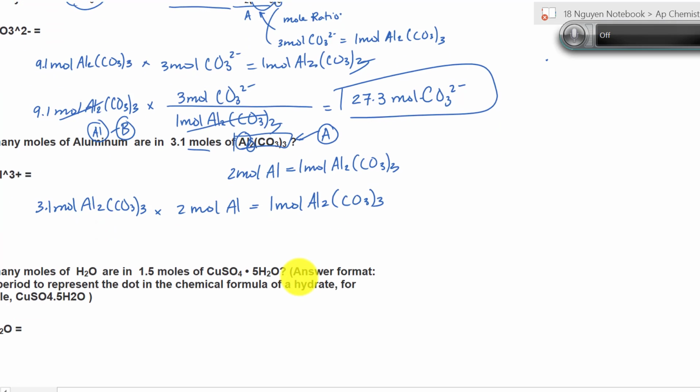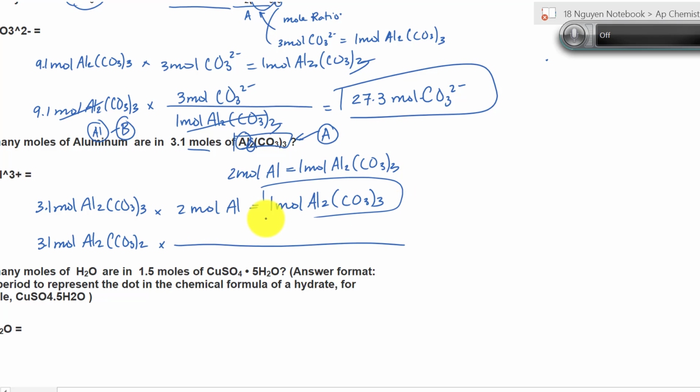Okay? And now let's rewrite this as a fraction so we can simplify it. And again, this determines what goes on the bottom. This is moles of aluminum carbonate, so down here must be moles of aluminum carbonate from the conversion factor, which is this one right here.